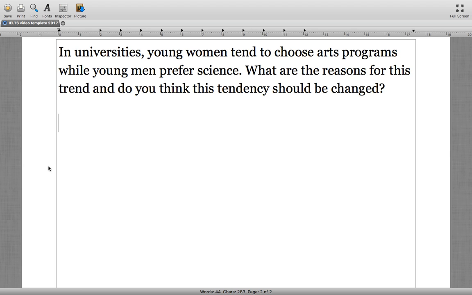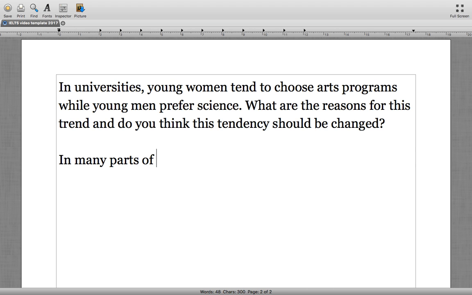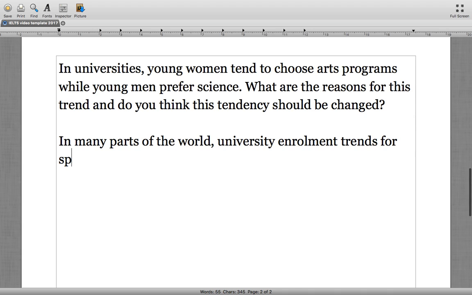So let's start with an introduction paragraph. We just want to restate the background information that we have here. So something like, in many parts of the world, university enrollment trends for specific disciplines.